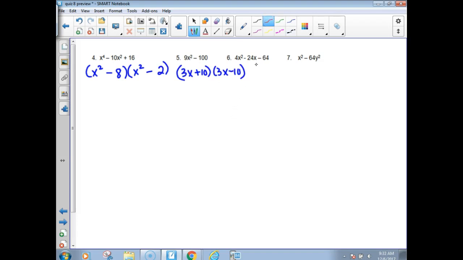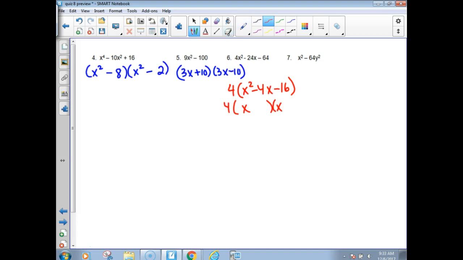Number 6, I'm going to factor out 4 first. You need to have done that. 4 needs to be factored out. So it'd be x squared minus 4x minus 16. Okay. And then you need to factor the trinomial. So that'd be x and x. Did I do something wrong?